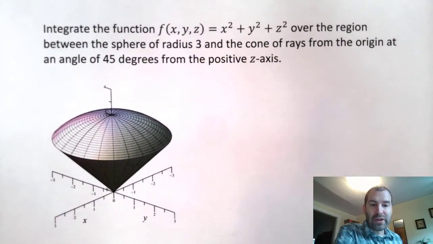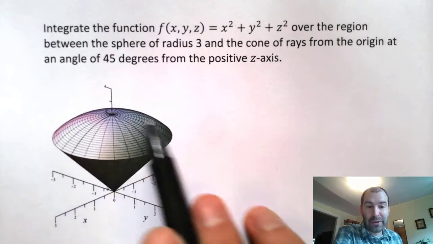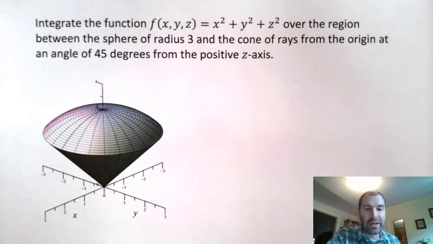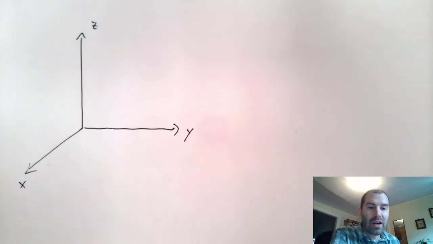Well, that region is a spherical piece, so it might make sense to use coordinates adapted to something spherical, and that's where spherical coordinates are going to come in handy. So let's take a look at how we're going to use spherical coordinates to integrate, and then we'll come back and do this problem. So let's talk about how spherical coordinates work.